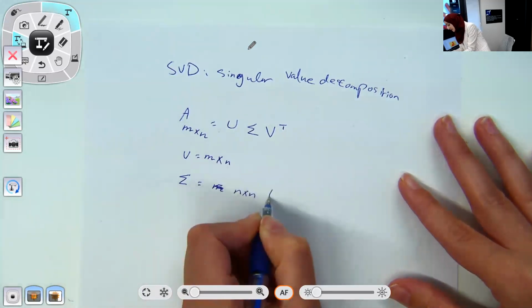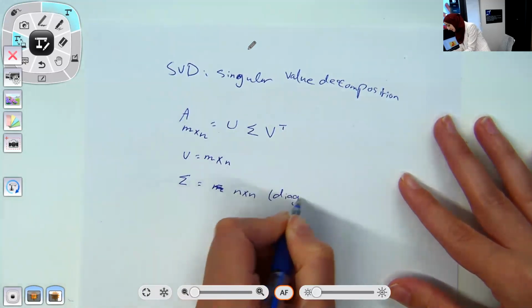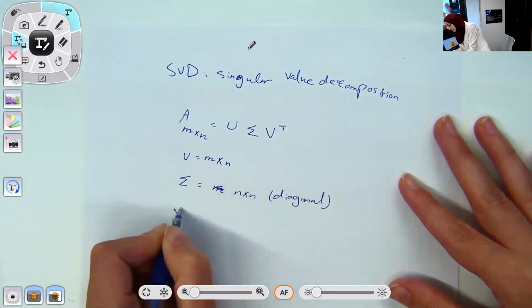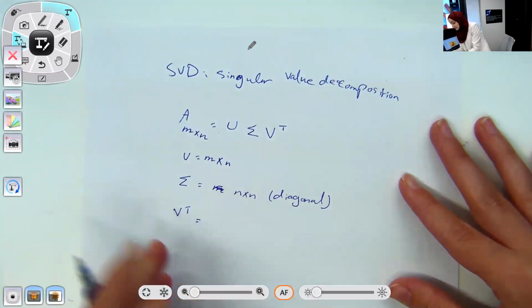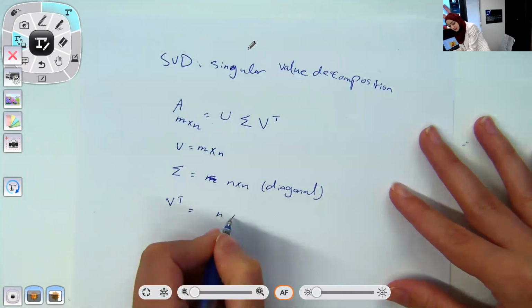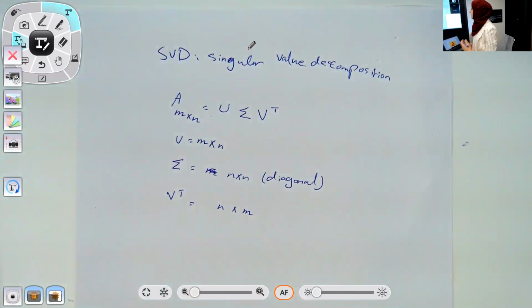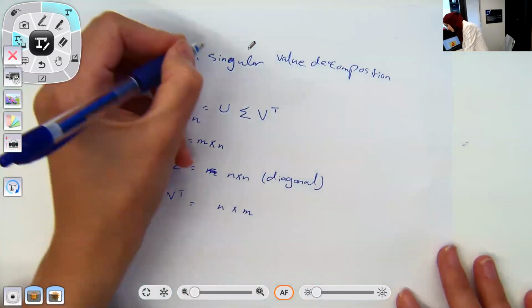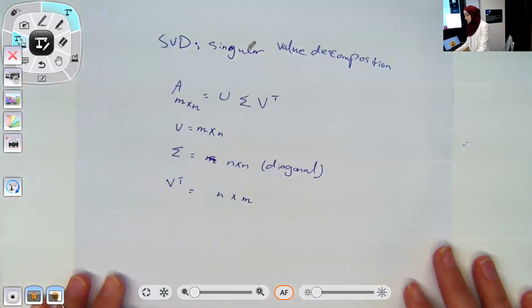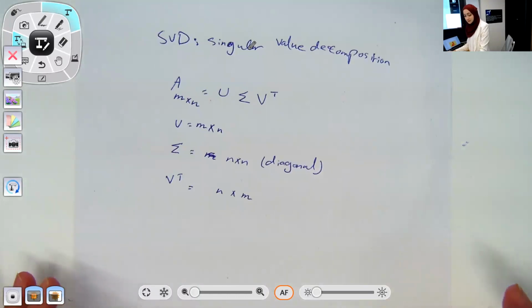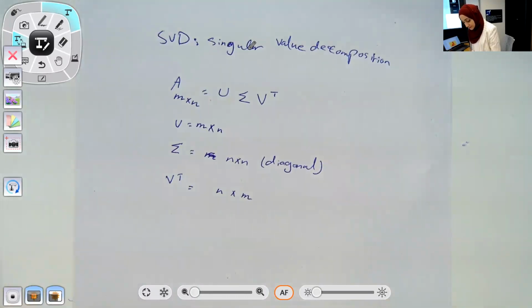This matrix is a diagonal matrix. And V transpose, the dimension of this matrix is n times n. This is the meaning of SVD. We can decompose the matrix A and write it as U times sigma times V transpose.